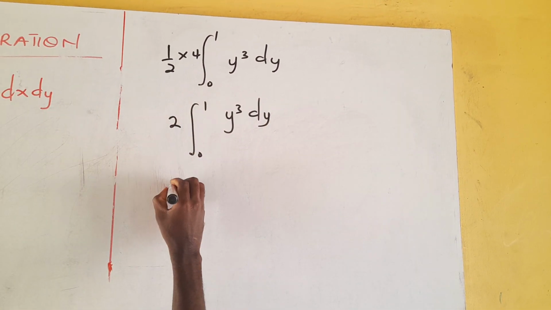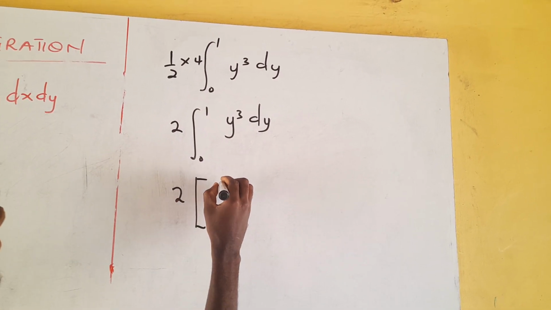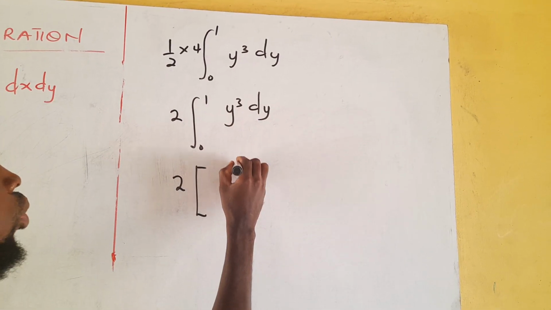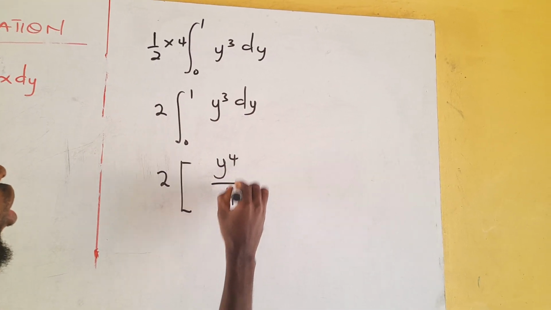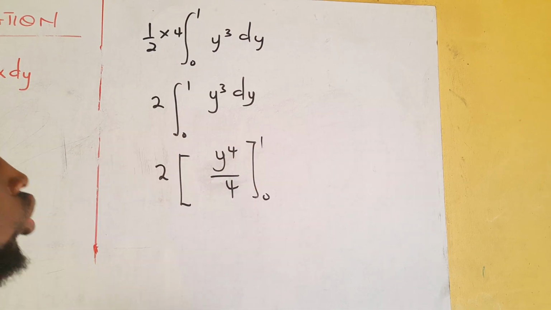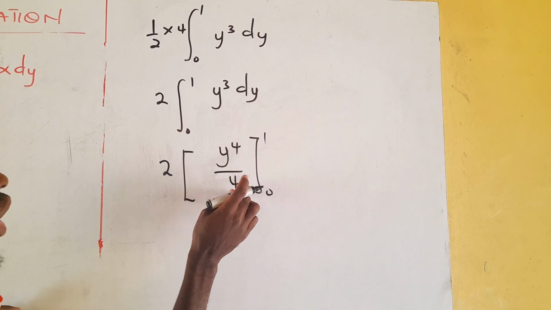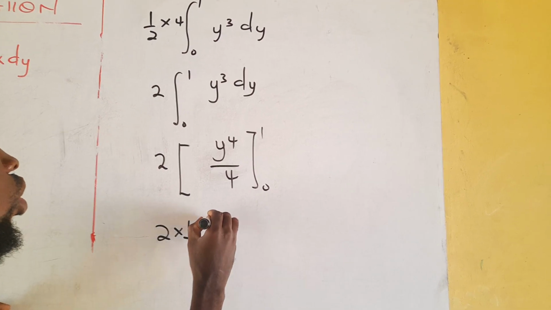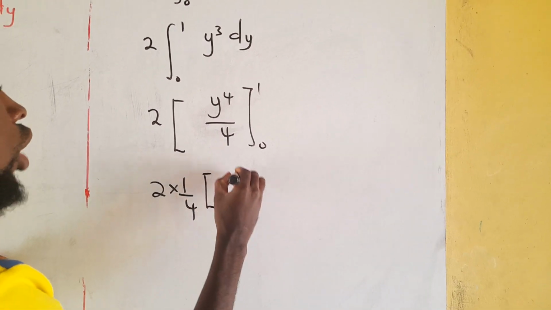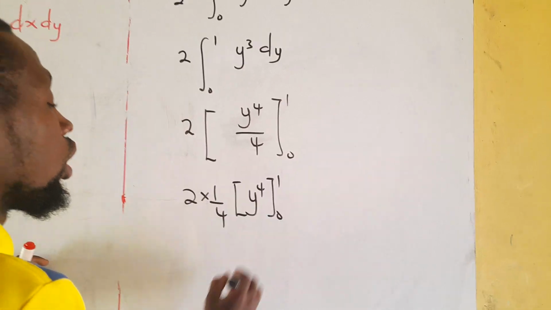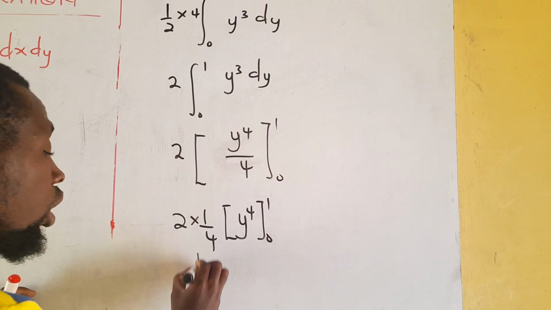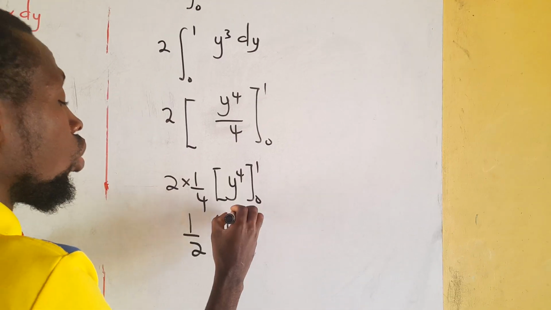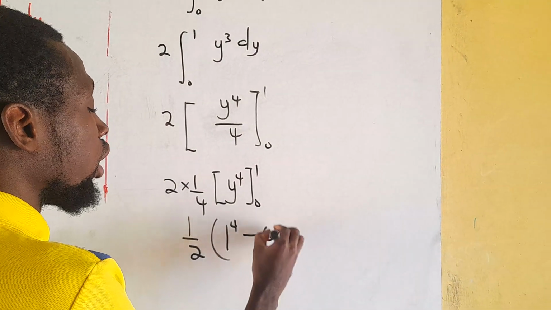So how do we integrate this? The integral of that will be y exponent 4 over 4 from 0 to 1. Since this is 1 over 4, we can bring it out. So I get 2 times 1 over 4 y exponent 4 from 0 to 1. So this will give me half, then 1 exponent 4 minus 0 exponent 4.